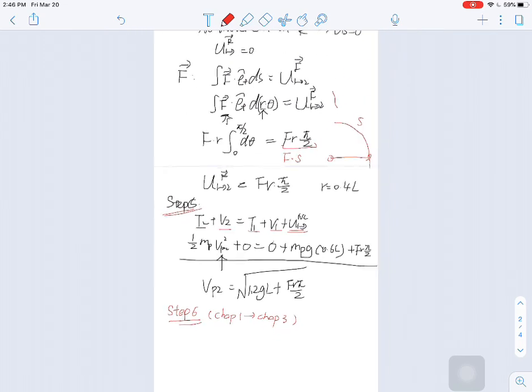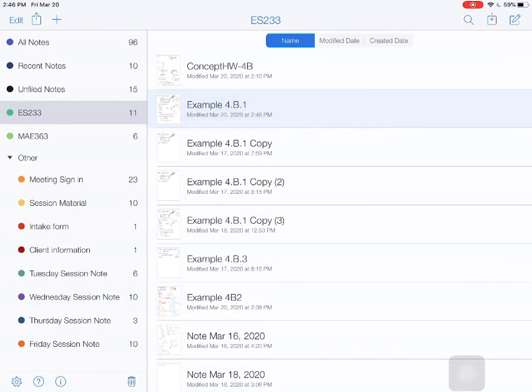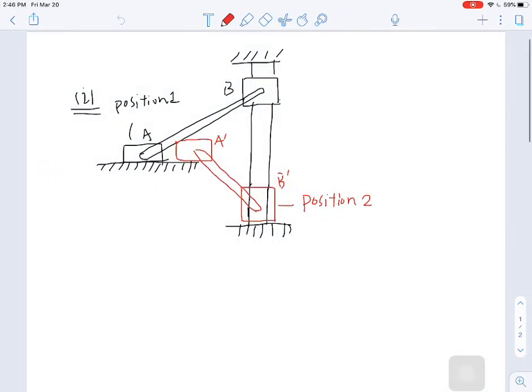So if you have started with the problems homework, I will pull that out. In the first problem of your problems homework, you have two blocks, A and B, and A can only move on this horizontal surface, but B can slide up and down on this guide.